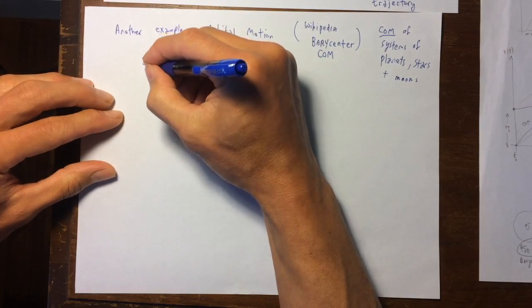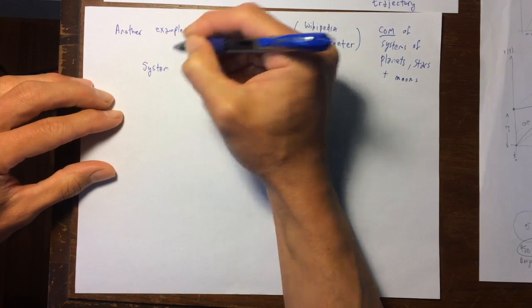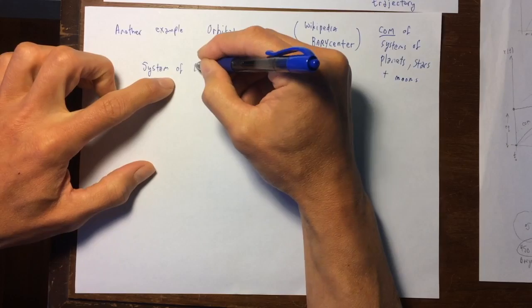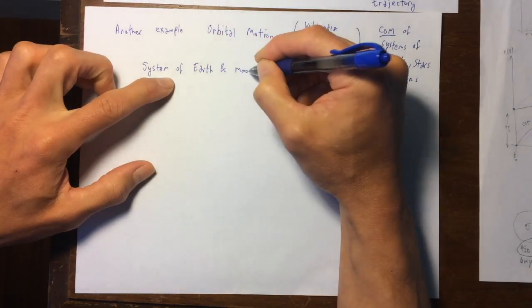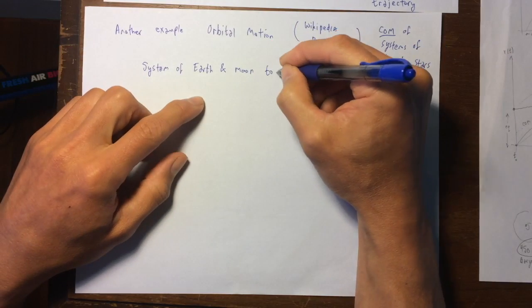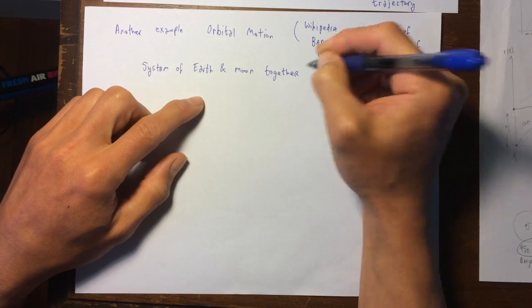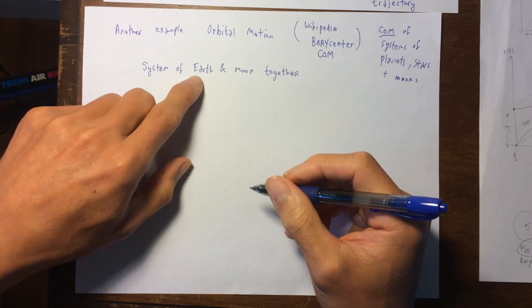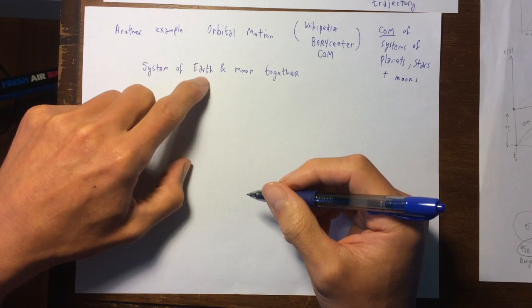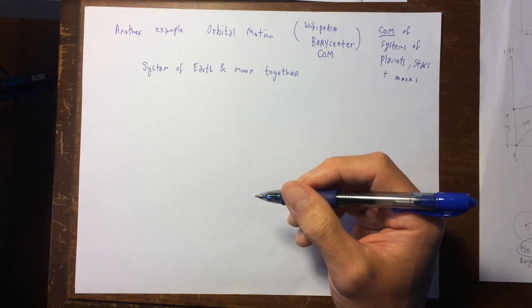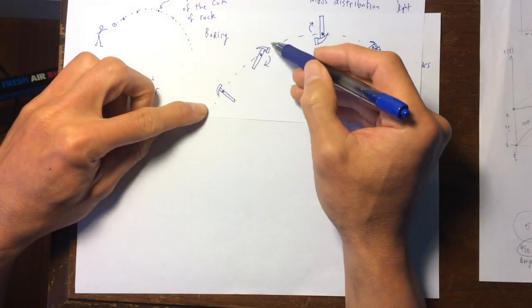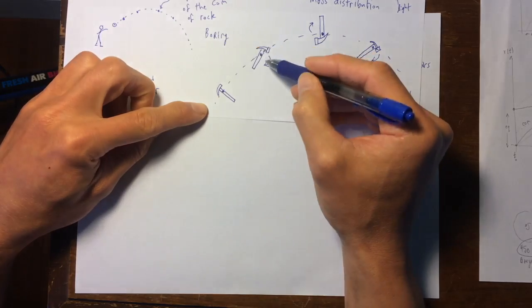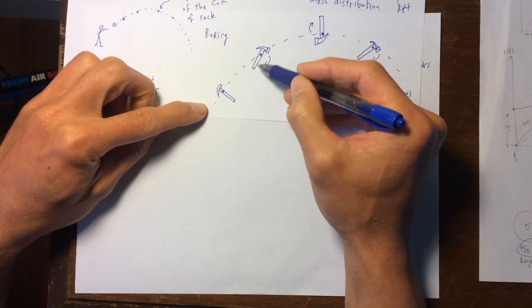So here's an example. Here is the system of Earth and Moon together. And you'll see that the Earth and the Moon, in a sense, behave very similarly to a hammer, where the Earth is more like the hammerhead and the Moon is like the wooden handle.